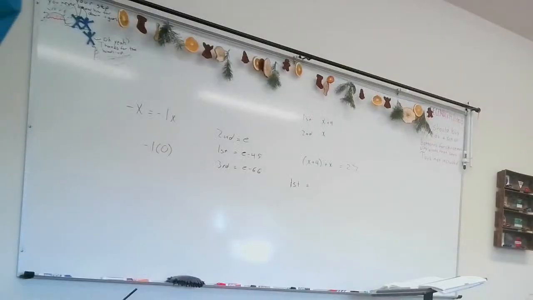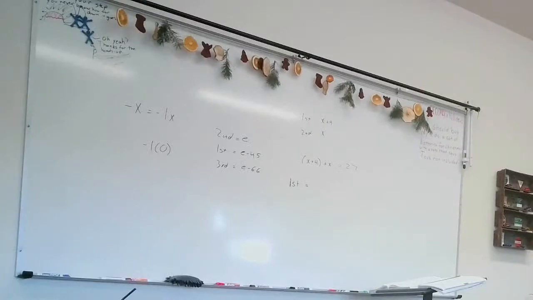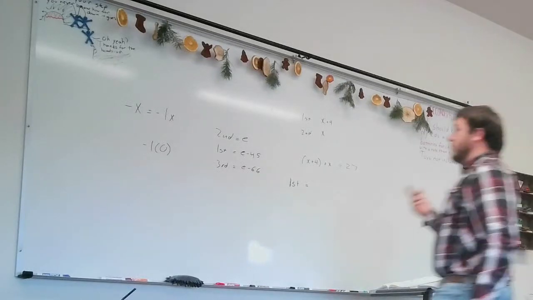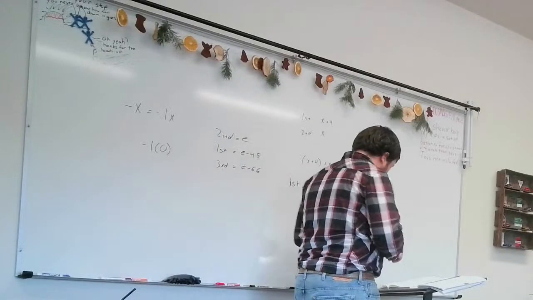X is 503, and now minus 66. Well, see, if you did your equation with those numbers, it's going to be completely screwed up. I did. So is it 3 wrong on mine?